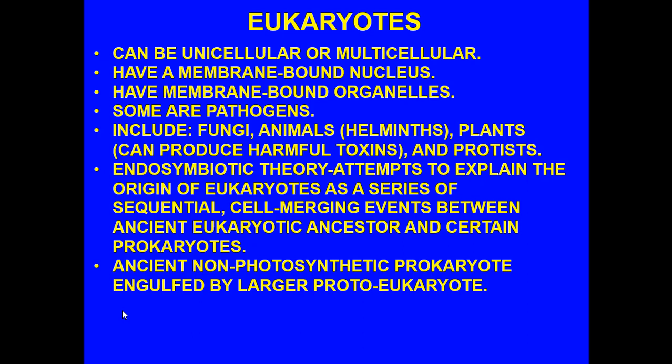Now, how did we get from prokaryotes to eukaryotes? The endosymbiotic theory tries to help explain this. This is an attempt to explain the origin of eukaryotes as a series of sequential cell-merging events between an ancient eukaryotic ancestor and certain prokaryotes.